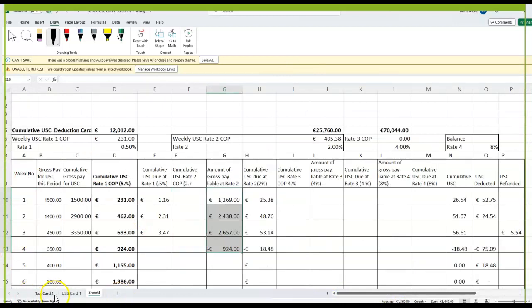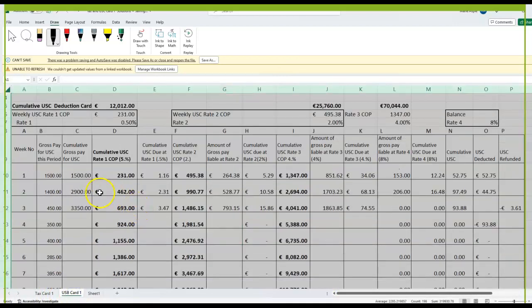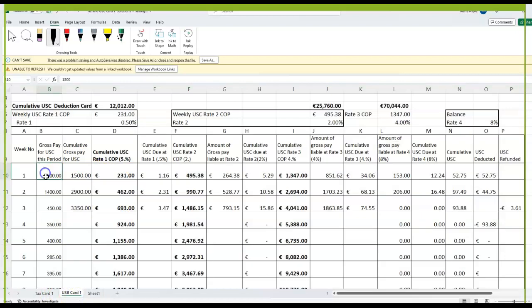Okay, the other thing to watch is what happens if I have a small income. Let's say I have 350 here. Again, just let me pull out some of the rest of those figures so it won't confuse us.